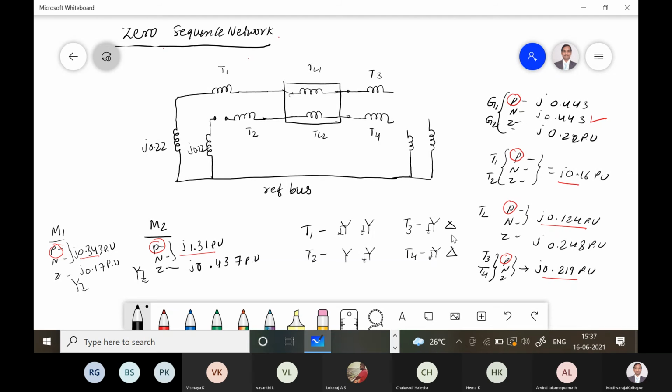About the secondary, in both cases the secondary is delta, so we need to open the series switches and close the shunt switches with respect to the reference bus.